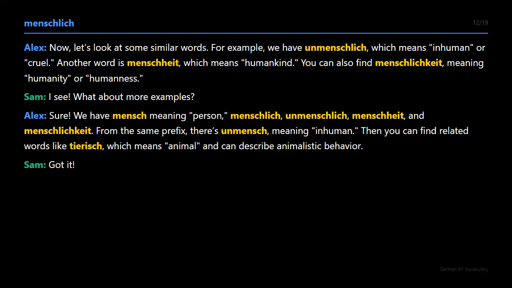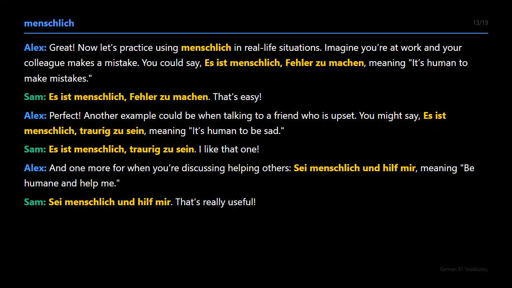From the same root, there's Unmensch, meaning inhuman. Then you can find related words like Tierisch, which means animal and can describe animalistic behavior. Got it. Great.